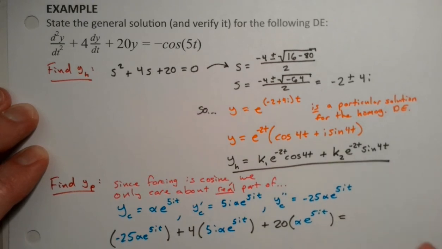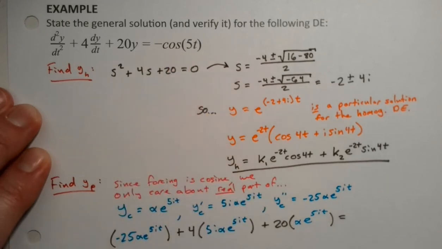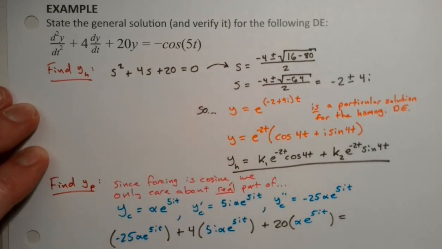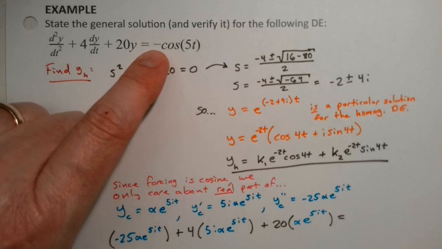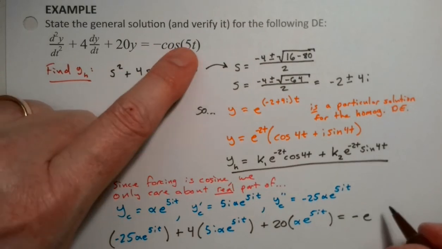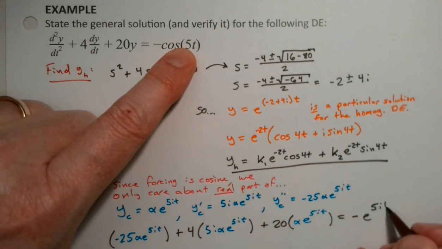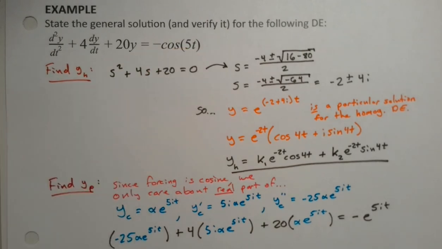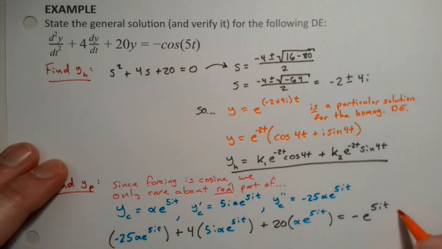And all that has to equal the right-hand side, but we're not going to leave it as cosine, we're going to complexify it. So the coefficient in front is still negative 1, so we're still going to have a negative e to the 5it. But again, we only care about the real part. I'm just going to remind us, only the real.